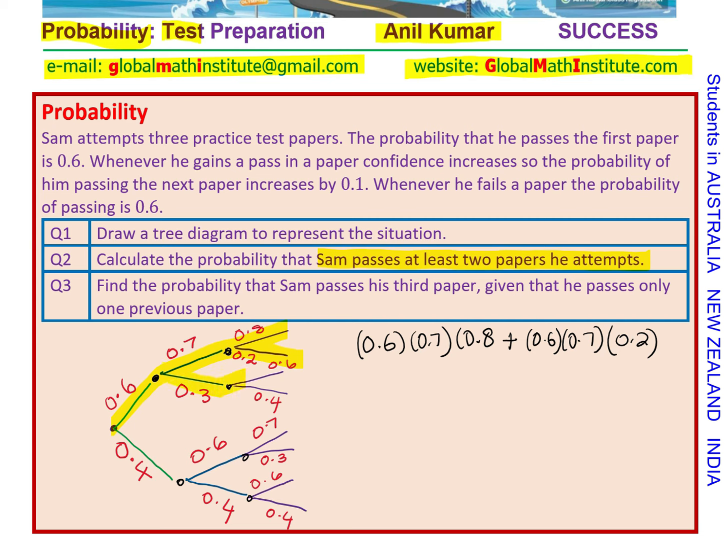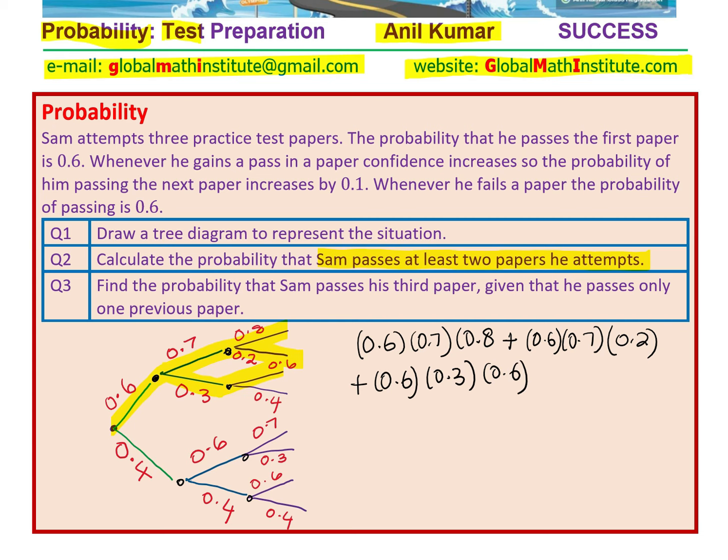That means two times pass, right? So that adds to passing the first paper, failing the second, and then again passing, right? And if he fails the first paper but passes the other two, that is also at least two, right? So that is the fourth case, which is 0.4, 0.6 times 0.7.